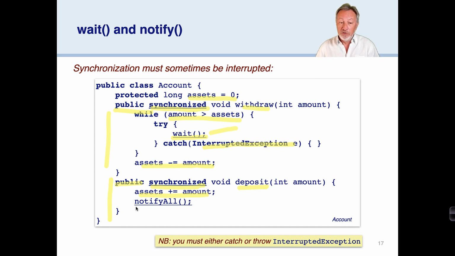So we're going to just notify all threads that are waiting on this object. Not all threads in the system that are not runnable, only the ones that are waiting on this guy. So if there's any thread stuck in a withdraw on this particular account, it will get woken up. It'll check the condition again, possibly proceed, or possibly go back to sleep again.